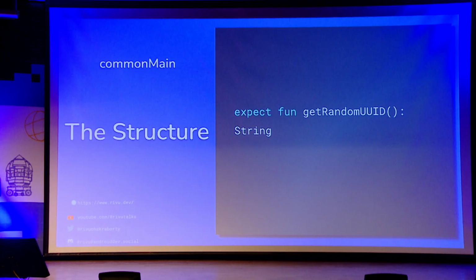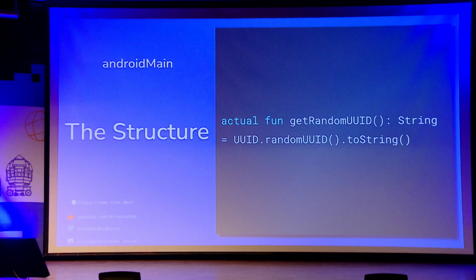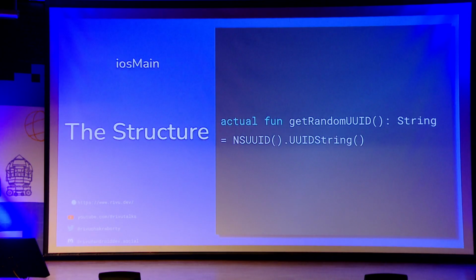UUID. So I was talking about UUID. No one knows how to create UUID in Android or JS. So let me teach you that. Here's an expected function, getRandomUUID. And here's the Android implementation. So in Android, you use JVM or Java UUID. So UUID.randomUUID is the method. Here's the implementation for iOS.